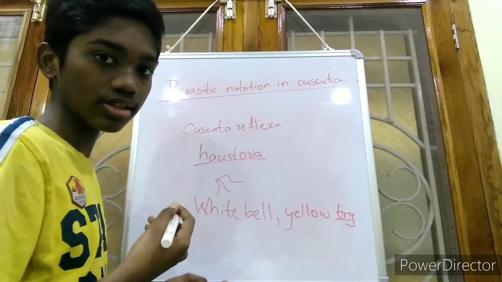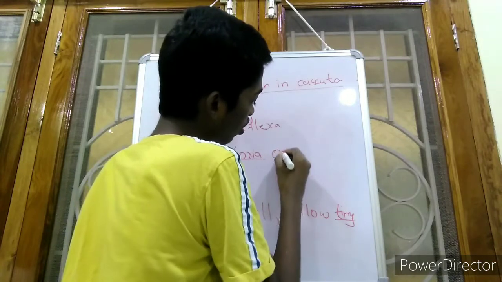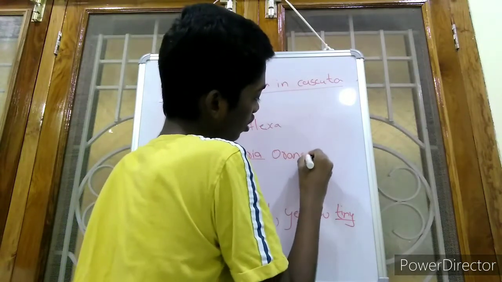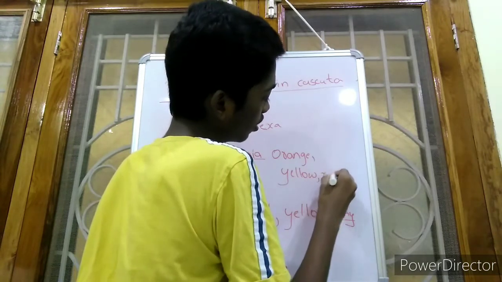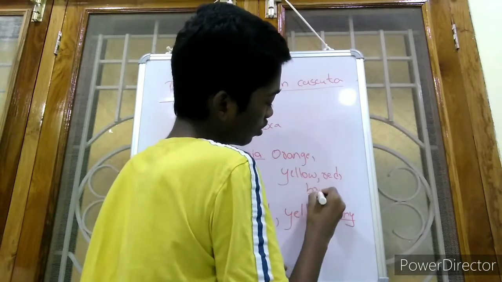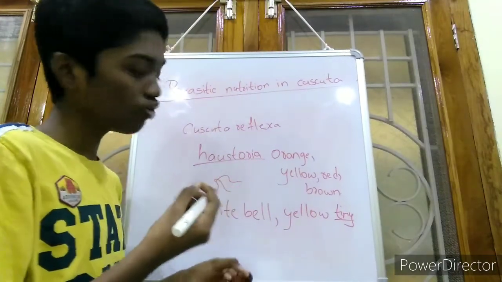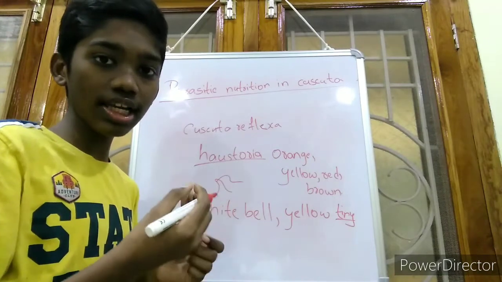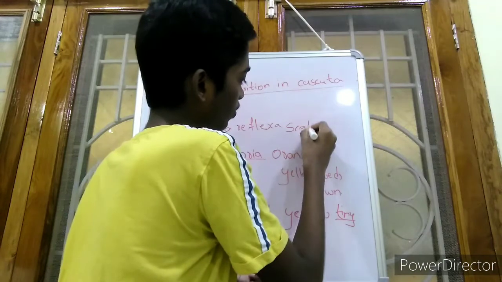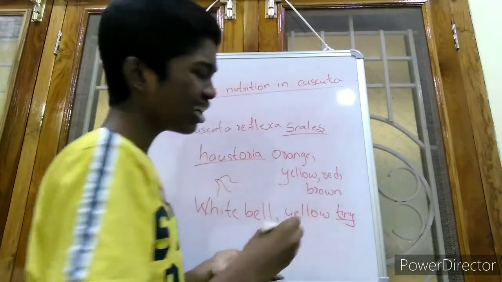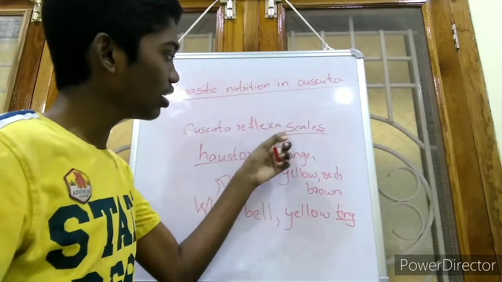It will be present in four colors. They are orange, yellow, red, and brown. In these four colors, their twining leaves will be present. Their leaves are reduced to scales. It does not contain any type of leaves, and it contains tiny leaves called scales.